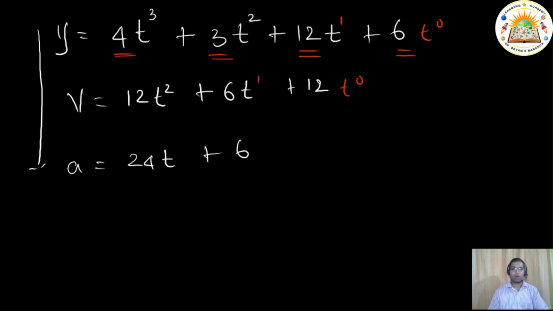So if I call this process differentiation, the reverse of it is called integration. So we can always understand integration and differentiation as two up and down processes. Now what is the use of doing this? So we'll go ahead and plot a graph.